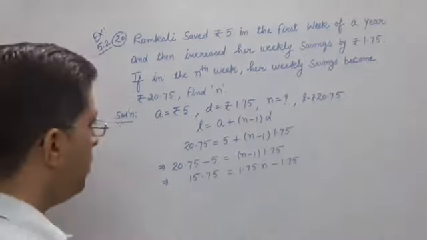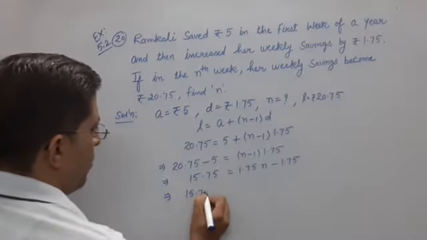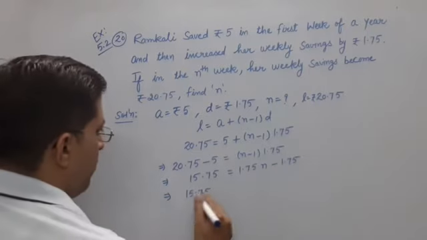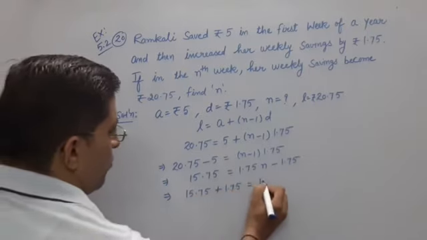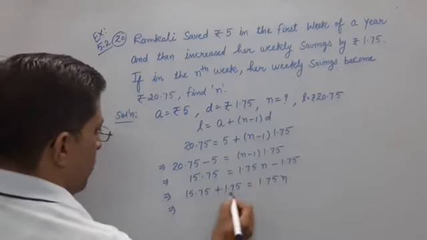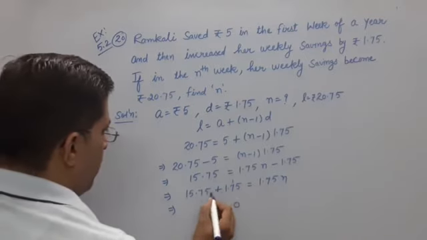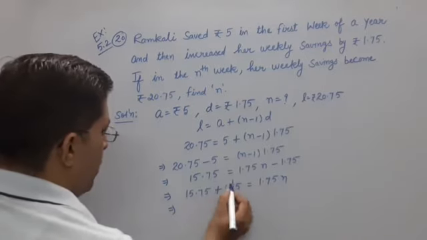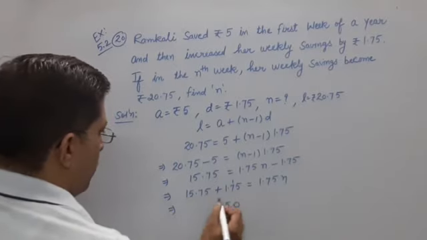Now see, 15.75 plus 1.75. What will come here? 5 plus 5 is 10. 7 plus 7 is 14 and 1, 15, 1. 5 plus 2 is 7.